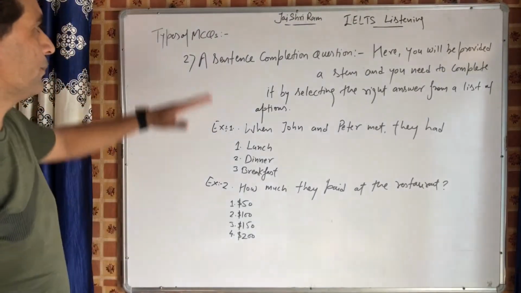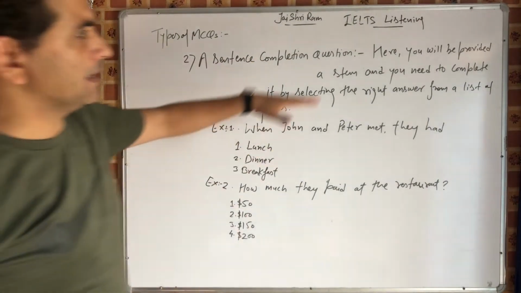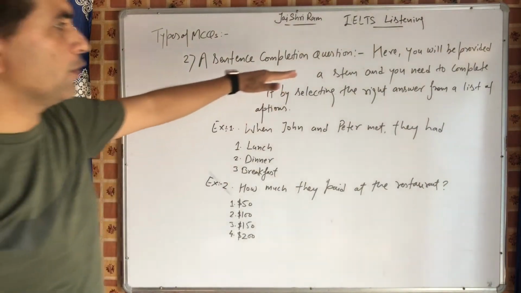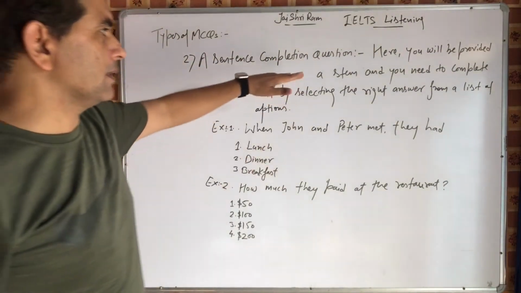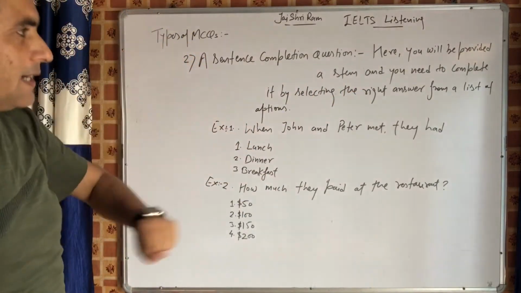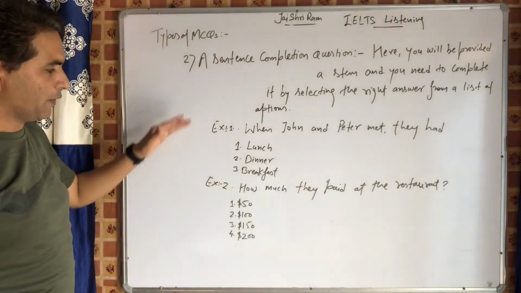Next one is the sentence completion question, and here you will be provided a stem. That means a question, we have already discussed that, and you need to complete it by selecting the right answer from a list of options. Here you can see two examples.